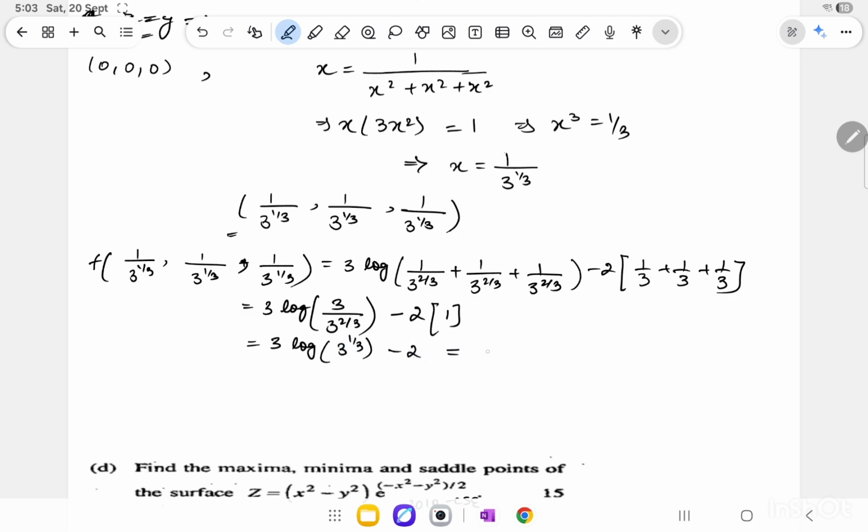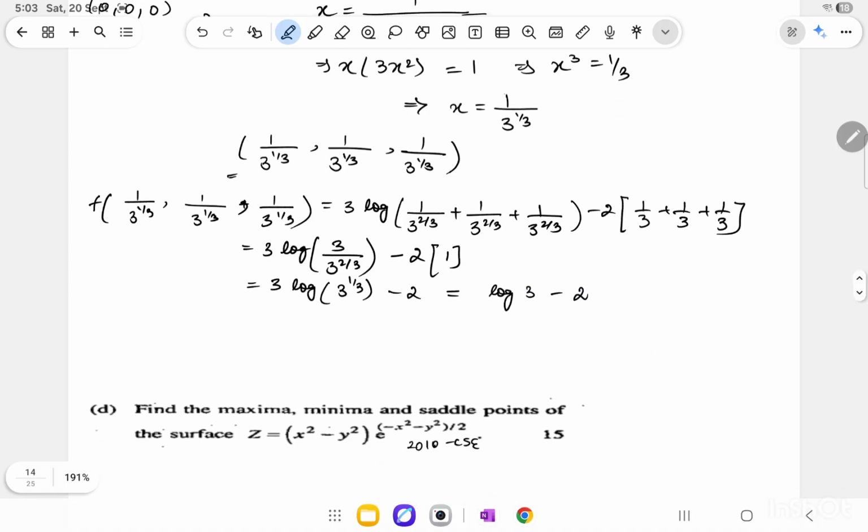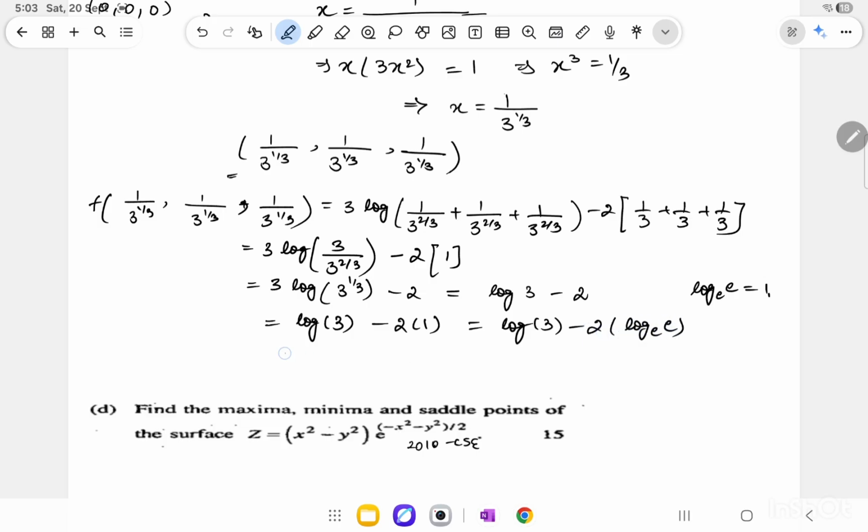This will be equal to log 3 minus 2. We know that log of e base e is equal to 1, so I can write it as log 3 minus 2 into 1, which is log 3 minus 2 into log e, and I can write it as log 3 minus log e square.